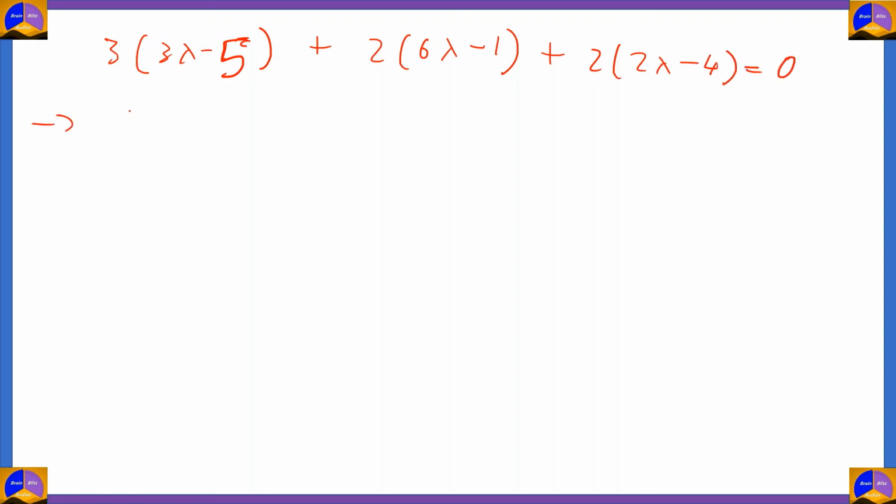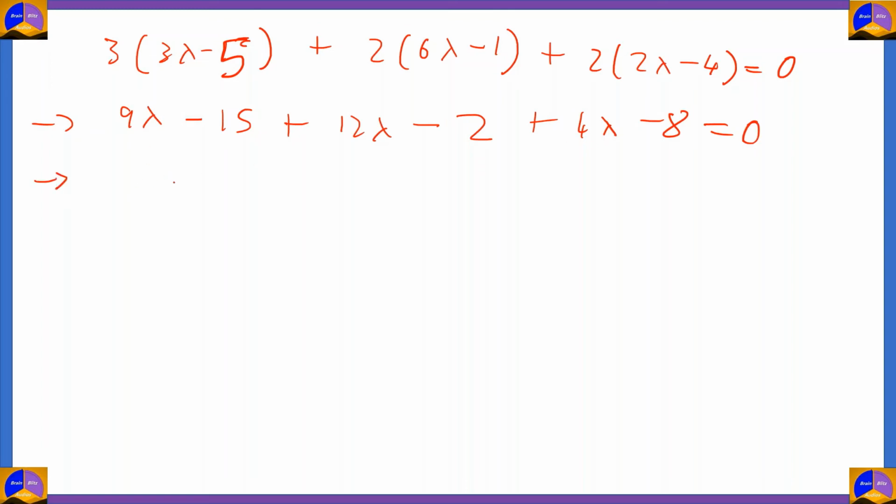So let's multiply. 3 times 3 lambda is 9 lambda, minus 3 times 5 is 15, plus 2 times 6 lambda is 12 lambda, minus 2 times 1 is 2, plus 2 times 2 lambda is 4 lambda, minus 2 times 4 is 8, equals 0.